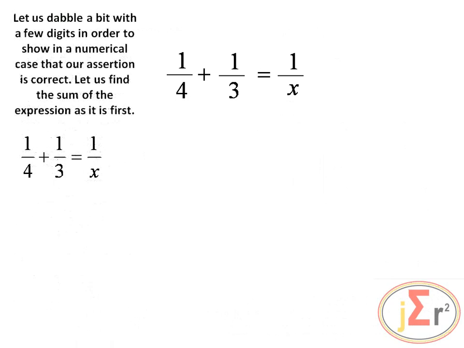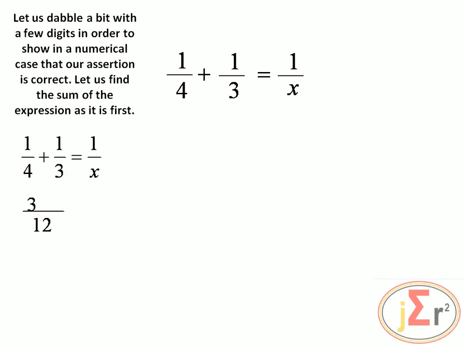And what do we do? Let us dabble a bit with a few digits in order to show in a numerical case that our assertion is correct. Let us find the sum of the expression as it is first. Find the sum of those two fractions first, which is what we said that we needed to do.